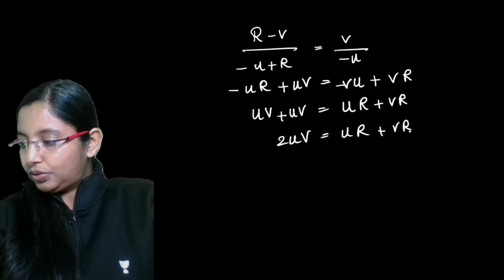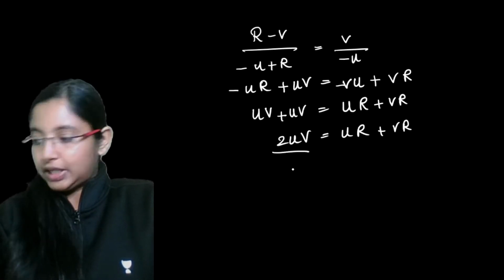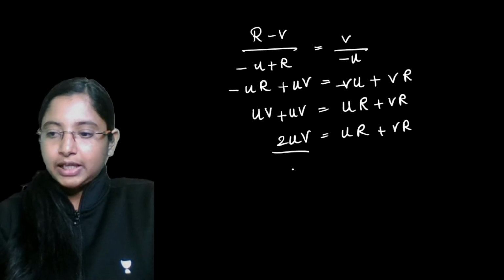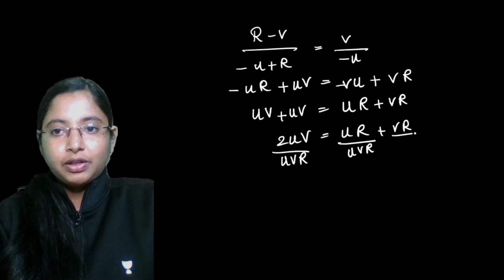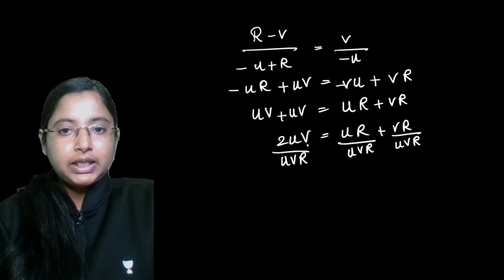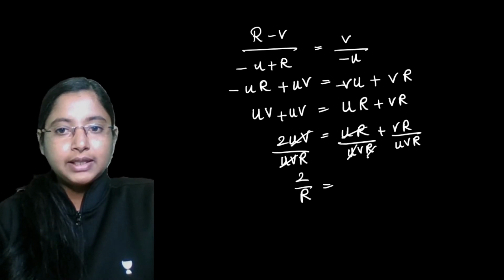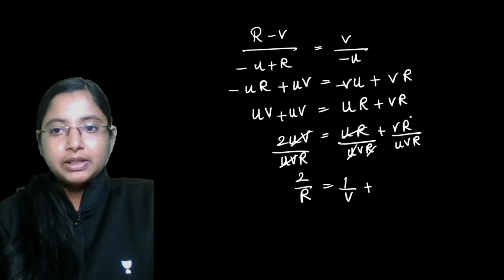Next, what we are going to do is very simple. We are going to divide both sides, each term, by uvR. In this case, this gets cancelled. You will have 2 by R equal to 1 by v plus 1 by u.